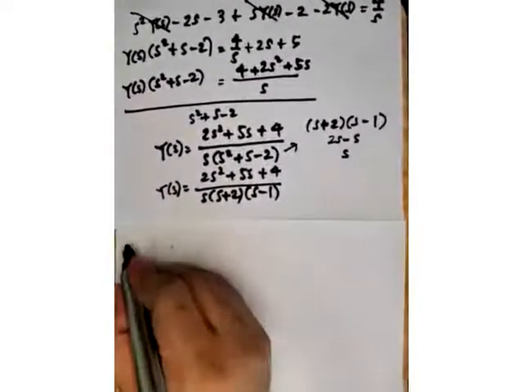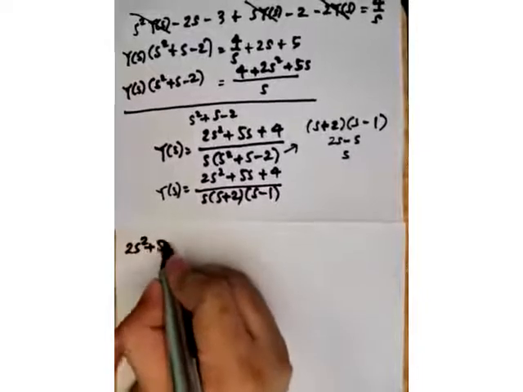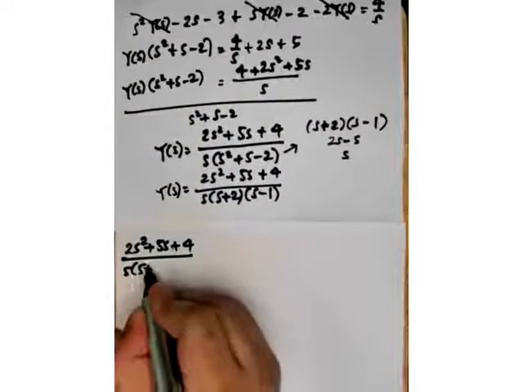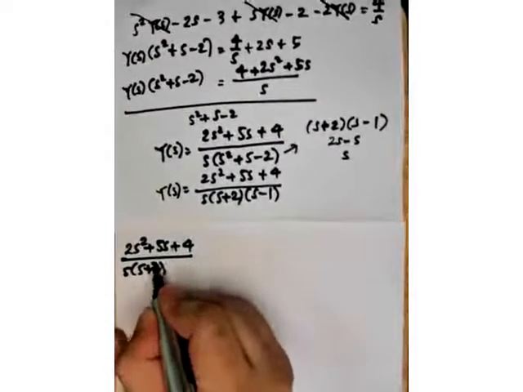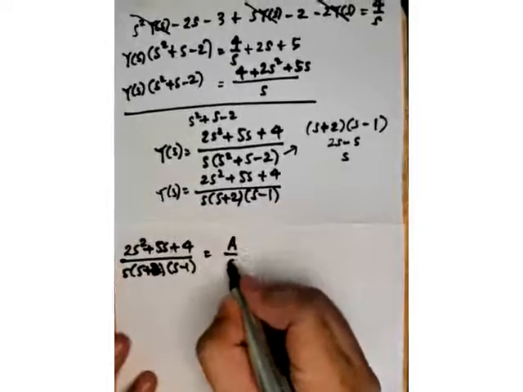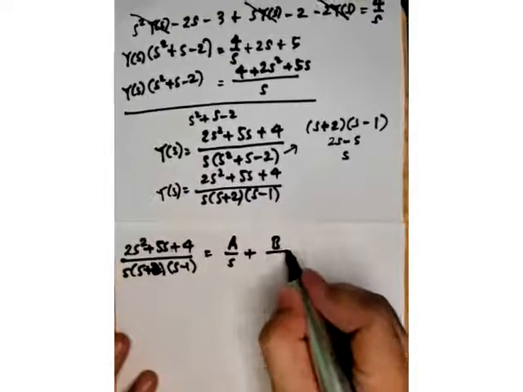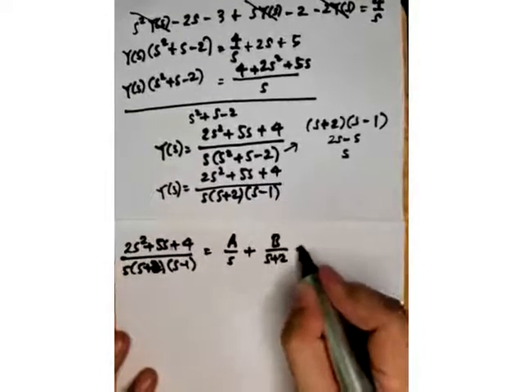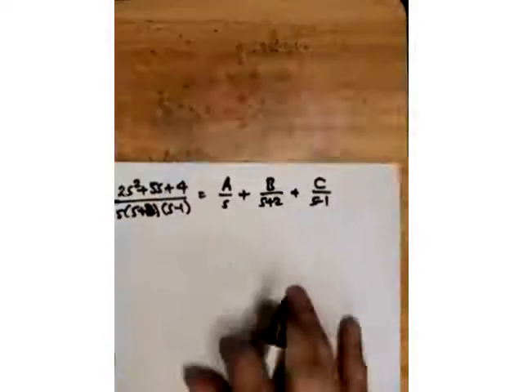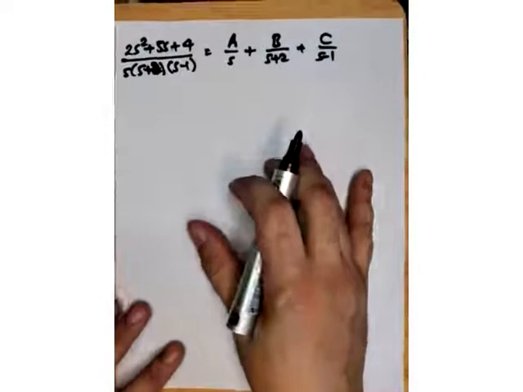So, magiging 2S squared plus 5S plus 4 all over S times S plus 2 times S minus 1. So, that's equal to, so linear sila ulit. So, A over S plus B over S plus 2 plus C over S minus 1. Ayan. So, and then, i-add natin sila ulit.